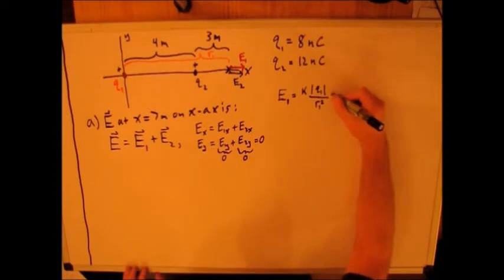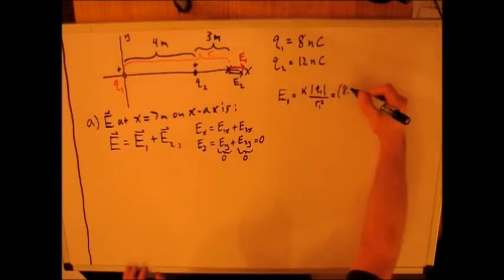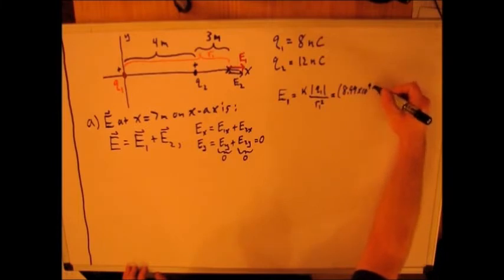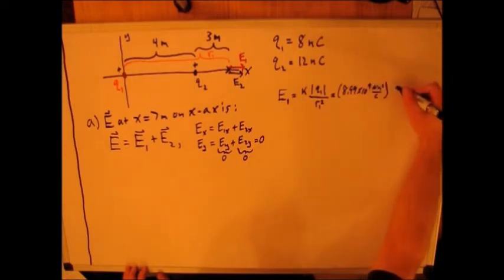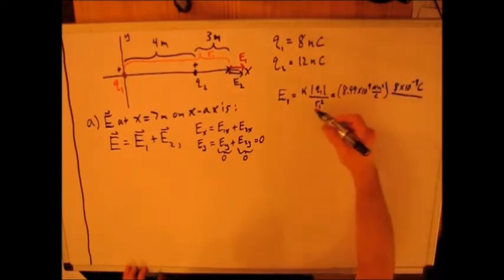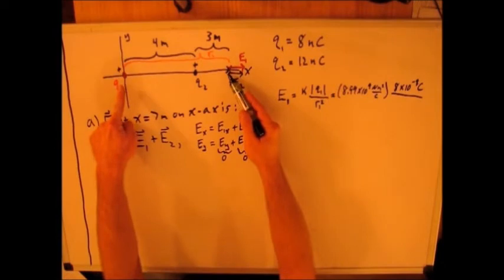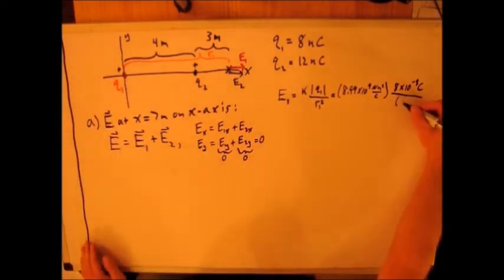Okay, so plug in all the numbers. 8.99 times 10 to the 9, that's the K constant, newton meters squared per coulomb, times the absolute value of Q1, that's 8 times 10 to the minus 9 coulombs, divided by the square of the distance of this point from Q1, that's 7 meters squared.